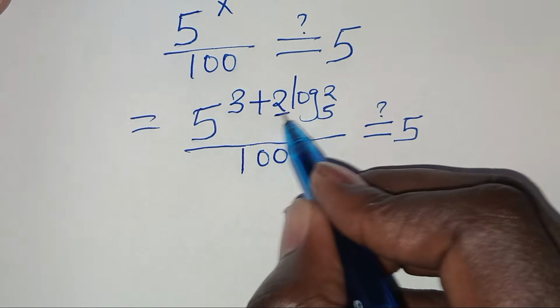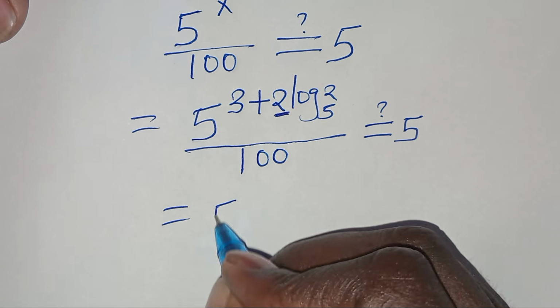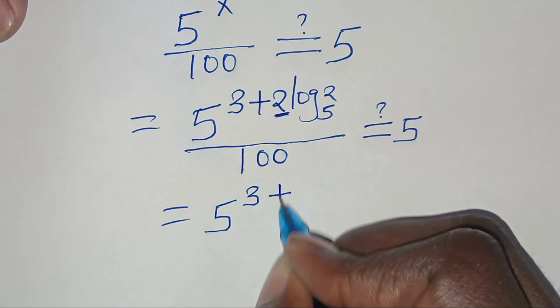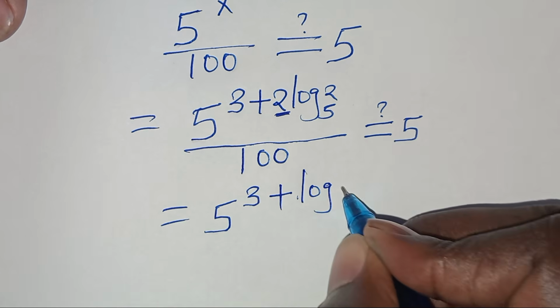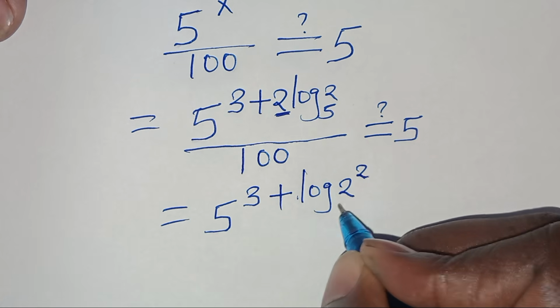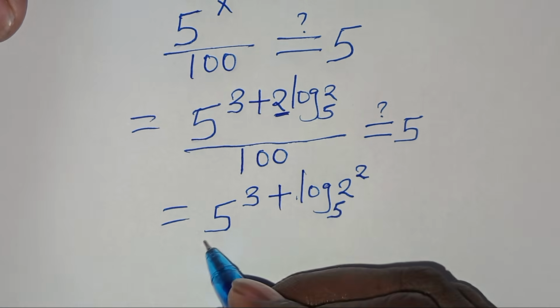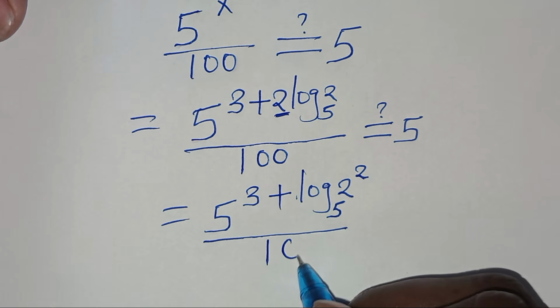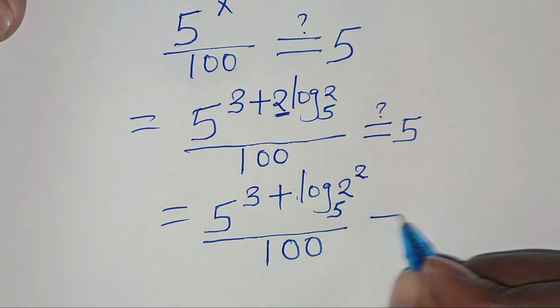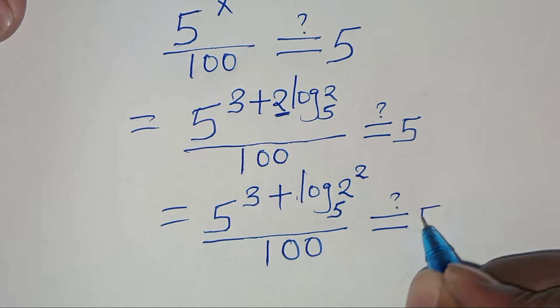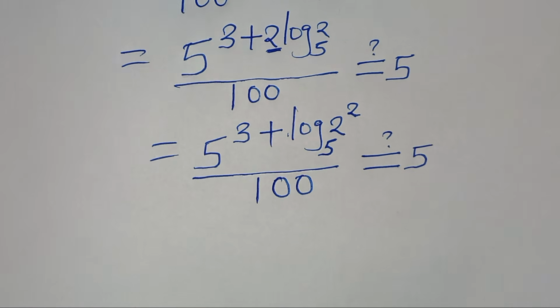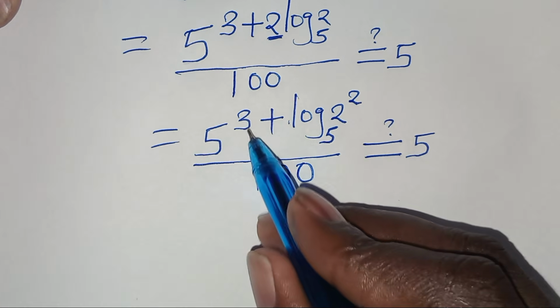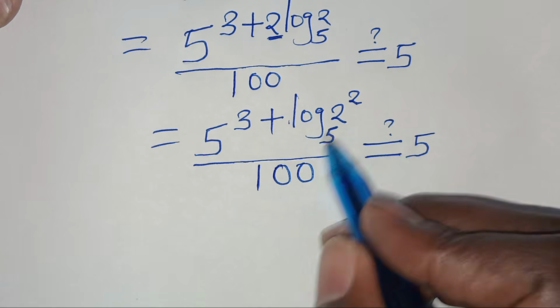So since 2 is a power here, we can express this as 5 raised to the power of 3 plus log 2 raised to the power of 2 to base 5, divided by 100. This should give us a value of 5.